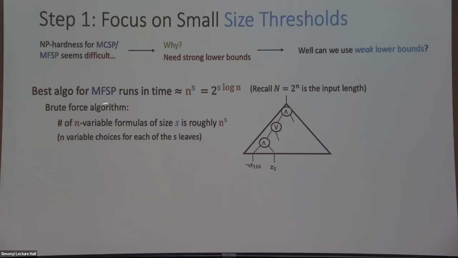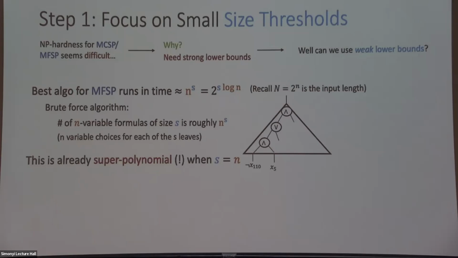So our best algorithm for MFSP runs in time n to the s. And why is that interesting? What's interesting is that that's already super polynomial time, even when the size parameter is n. Here n is the number of inputs to the function f. So even where your size parameter is as small as it can be for a function that depends on all of its inputs, this algorithm already runs in super polynomial time.